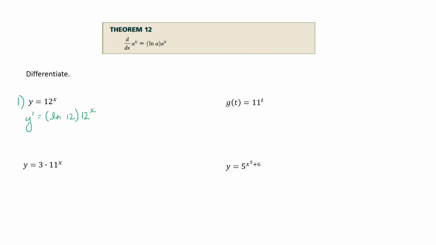Nice, pretty straightforward. We have g of t equals 11 to the t. So g prime of t, in this case our a is 11, so it becomes the natural log of 11 times 11 to the t.